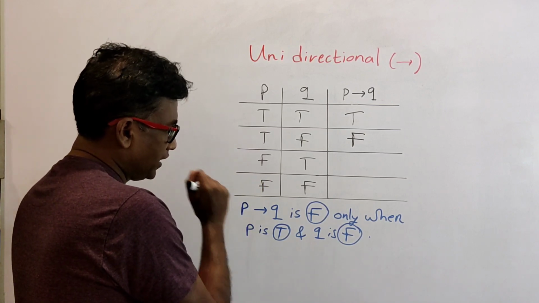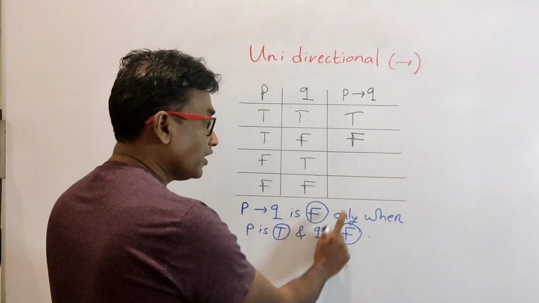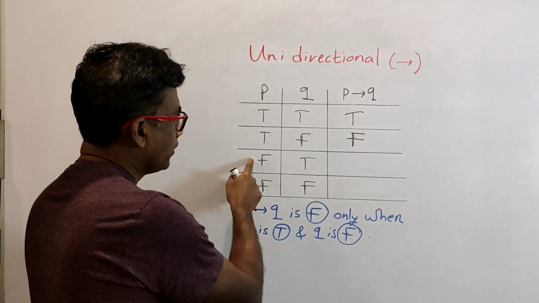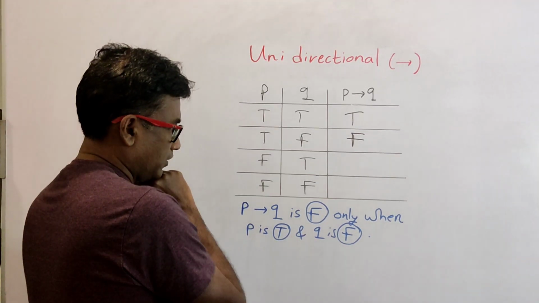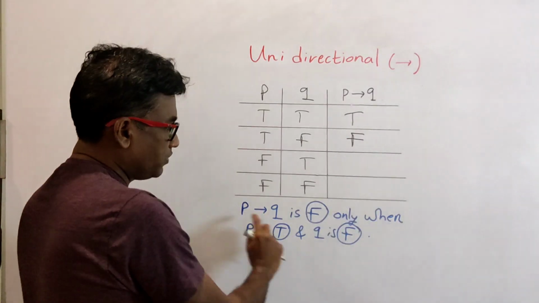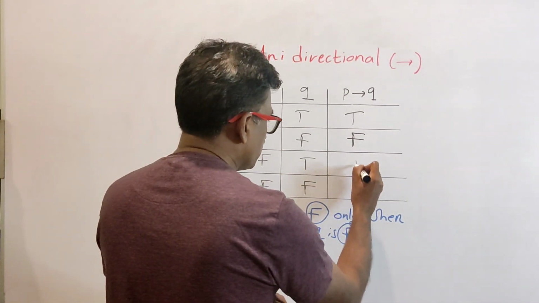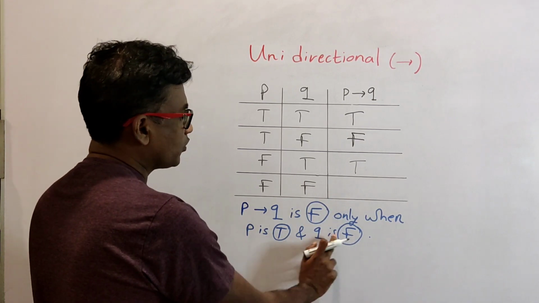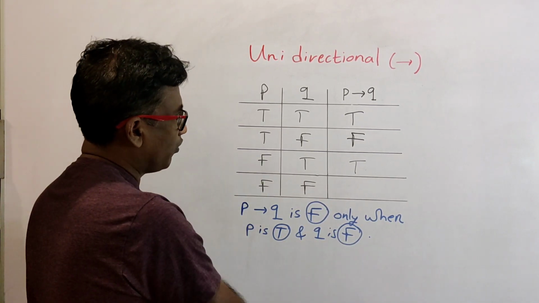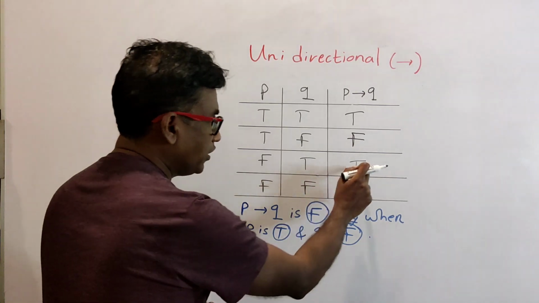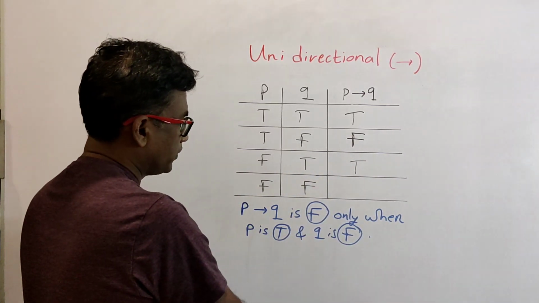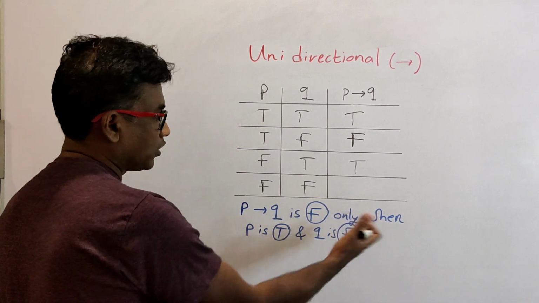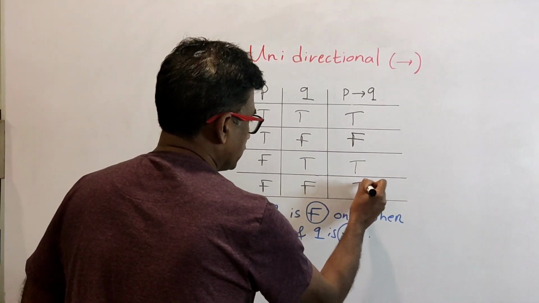Now the rule says P implies Q is false only when P is true and Q is false, but here P is false. So according to the rule, this got to be true, because this says only when P is true and Q is false. Here P is false. Now in the fourth row, P is false. So according to the rule, this got to be true.